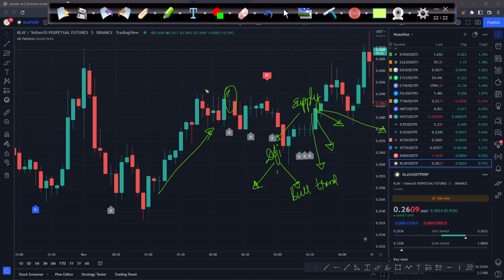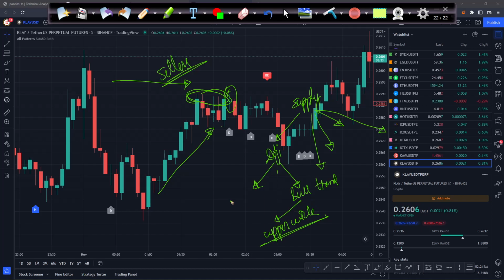Now do we see the wick sizes here? So before coming to this point we did see sellers coming in prior to that. So it can go ahead and take the upper wick, it will give more weight to the upper wick.